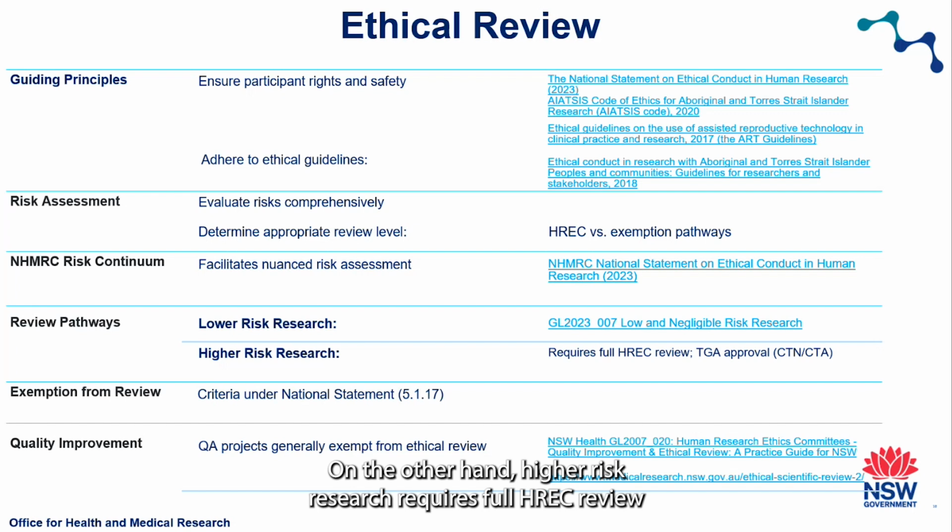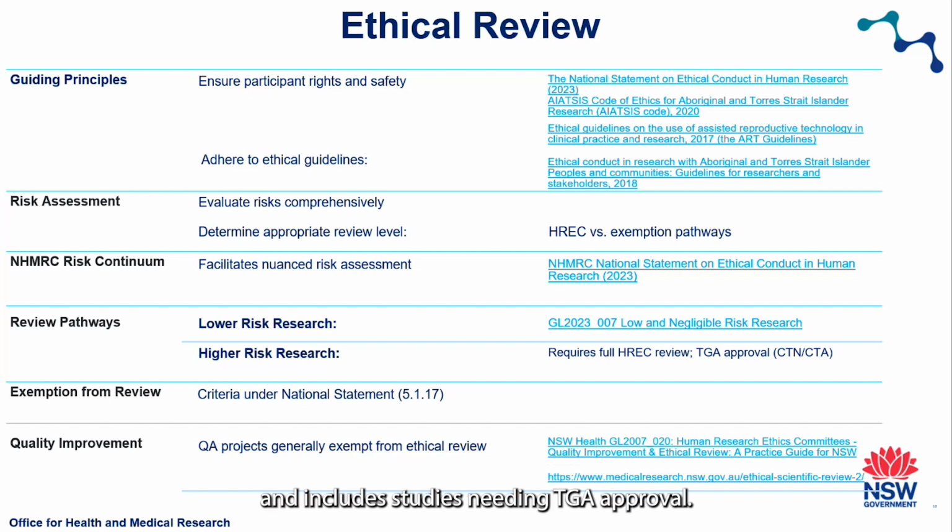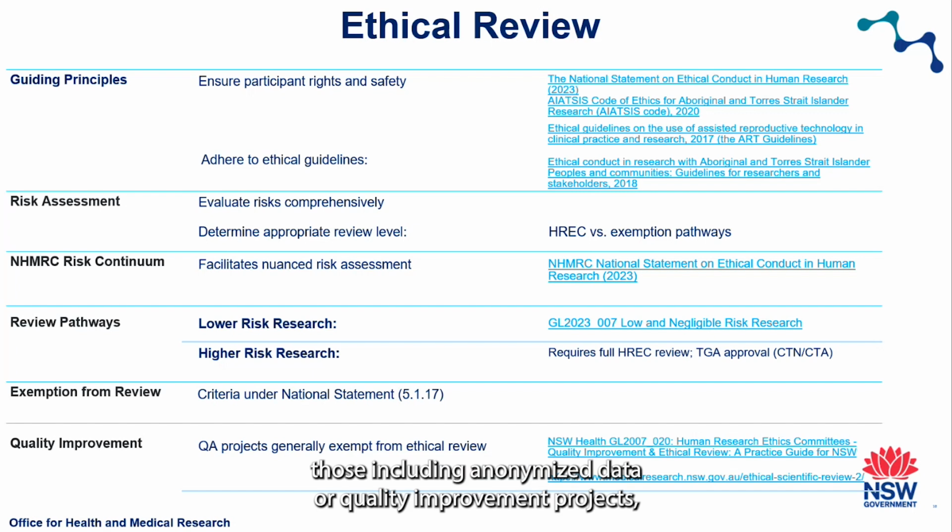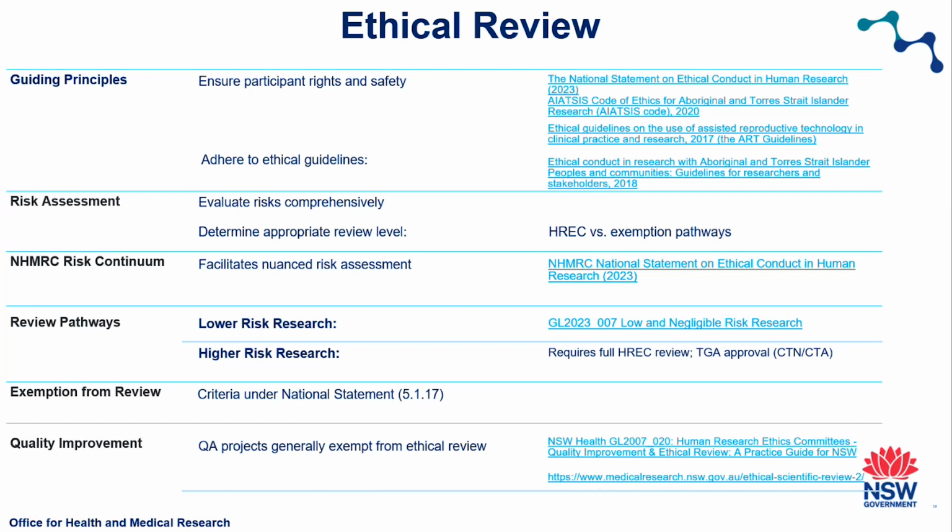On the other hand, higher risk research requires full HREC review and includes studies needing TGA approval. There could be some exemptions, such as certain low-risk studies, those including anonymized data or quality improvement projects. They may qualify for exemption.